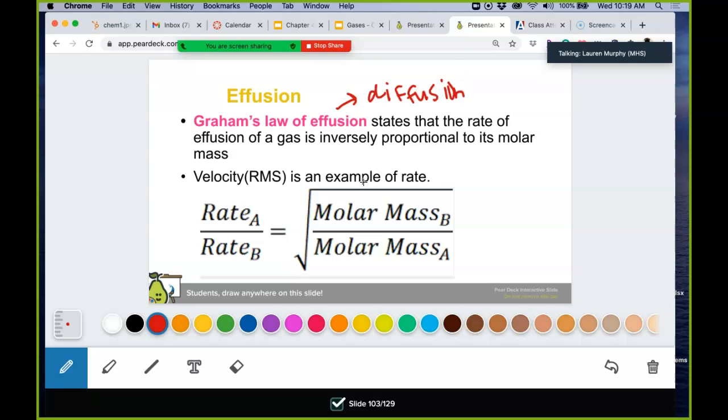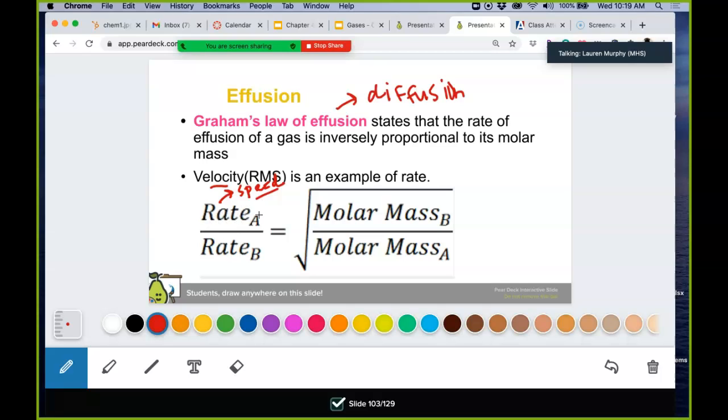All right. So remember that rate is some sort of unit over time. Like the rate at which you drive in America is measured in miles per hour. That's also known as speed. So rate can also be called speed. Speed is a type of rate. Speed or velocity, they're all interchangeable with the word rate.